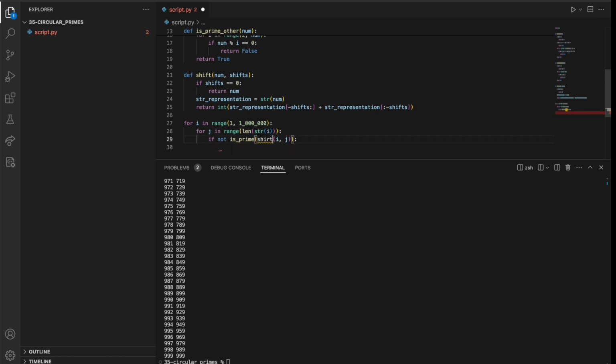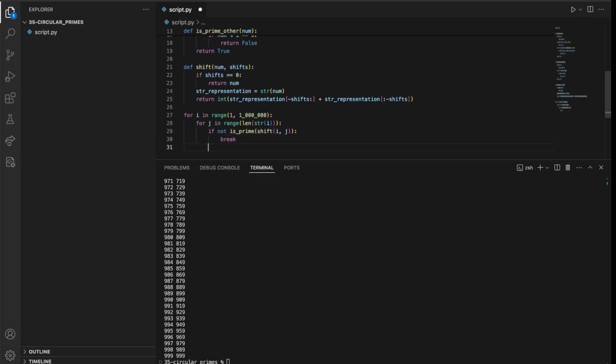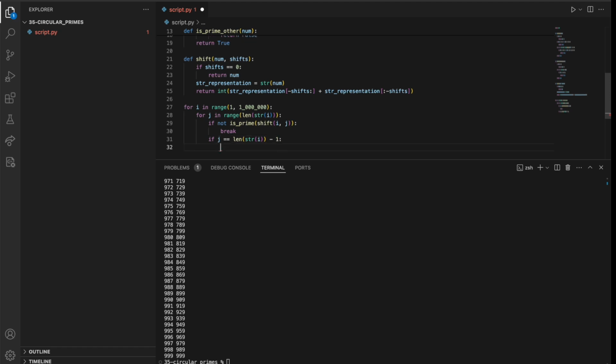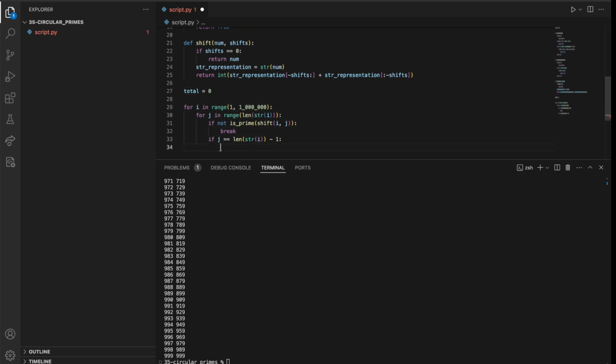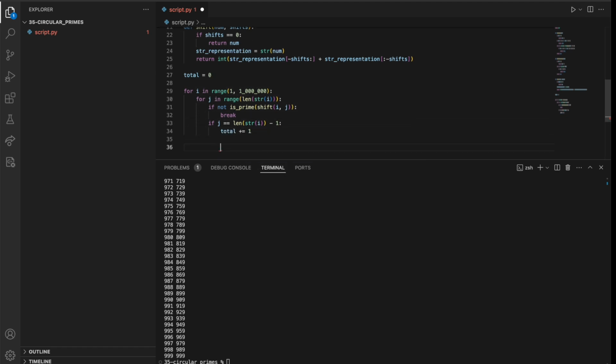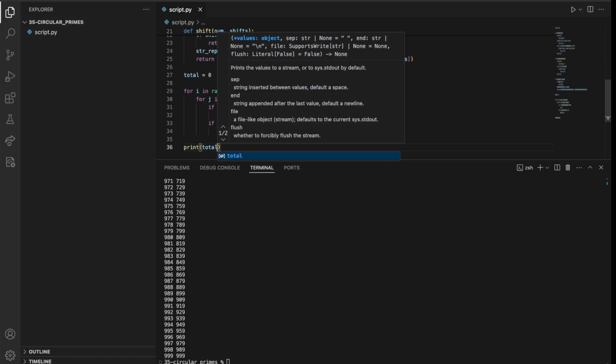If it's not prime, we say break, so that we don't have to compute so much. And then we can say if j is equal to the length of the string of I minus 1, which means it's the last digit, then we can say total plus equals 1. And then we can say print total.